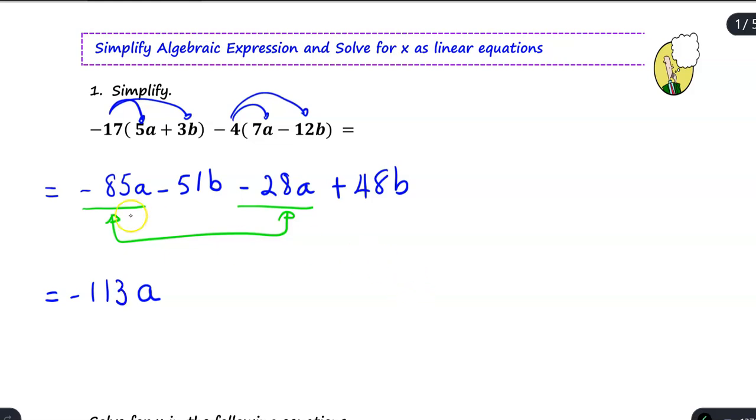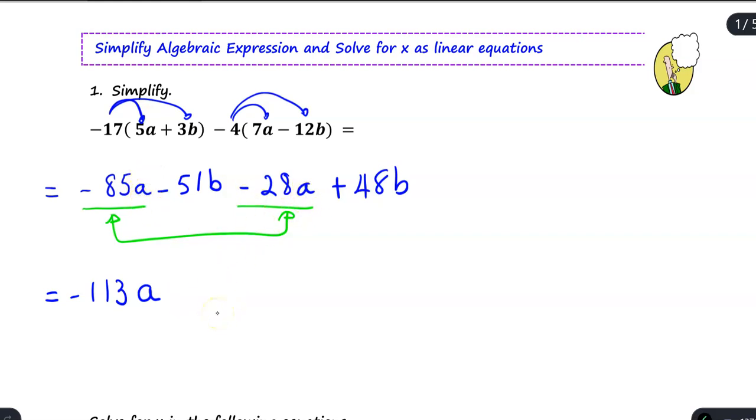This process involving the coefficient in front of the variable is called operation of integers. Alright, so negative 85 subtract 28, you should have negative 113, and you keep the same variable.